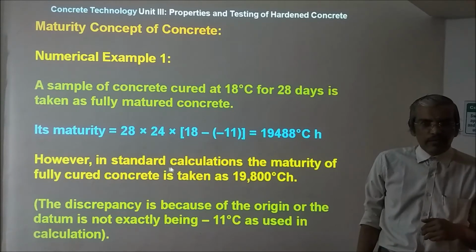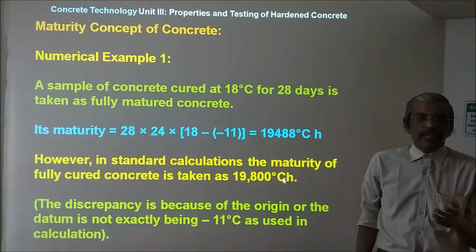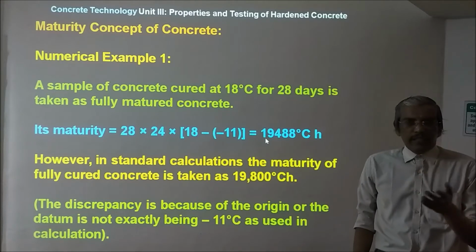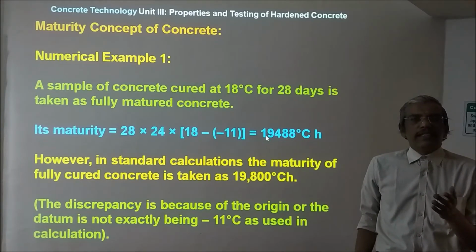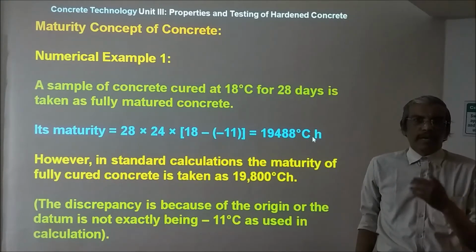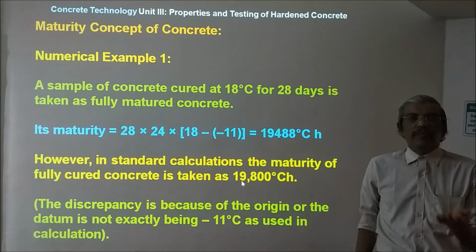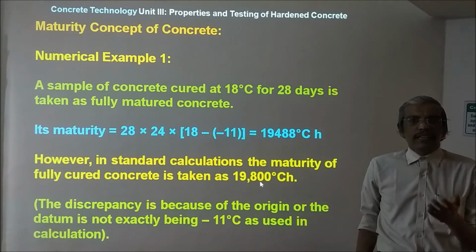However, in standard calculations, the maturity of fully cured concrete is taken as 19,800 degree centigrade hours. So here, by doing the mathematical calculations, it is seen that the value is coming 19,488 degree centigrade hours, but for standard calculations, the value taken for the maturity is 19,800 degree centigrade hours.